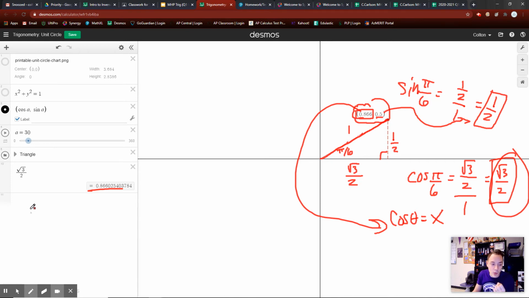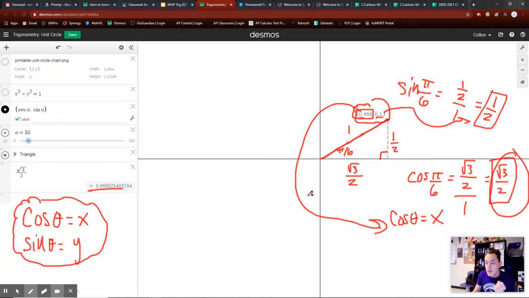So far, what we have said was cosine of any theta angle on the unit circle is x. Sine of any theta angle on the unit circle is y. Now, what if I wanted to find tangent of pi over 6? Well, it's going to be opposite over adjacent, of course.